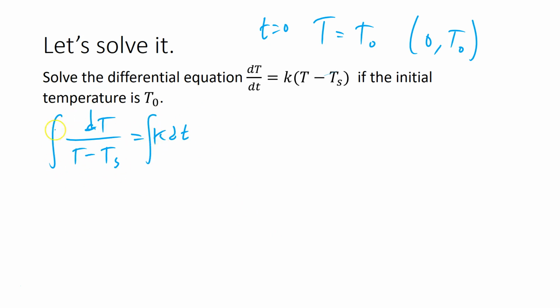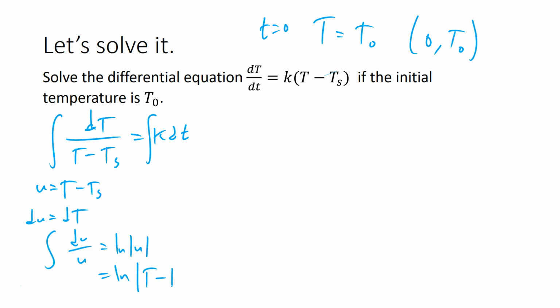Now this is something we're going to see a lot more of, especially when we get to partial fraction decomposition. Integrating this is actually pretty easy. You can do a simple u-sub on it if you want to. u equals T minus Ts, then du is just dT, because we're just differentiating the temperature here. And so this turns into the integral of du over u, which is just ln absolute u, which is ln absolute T minus Ts.